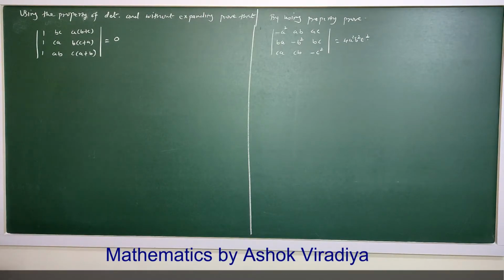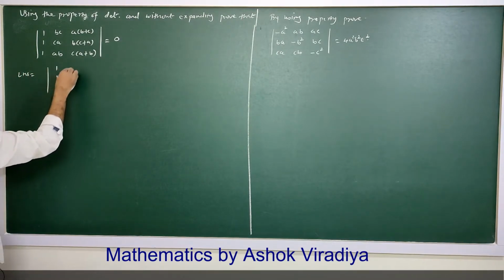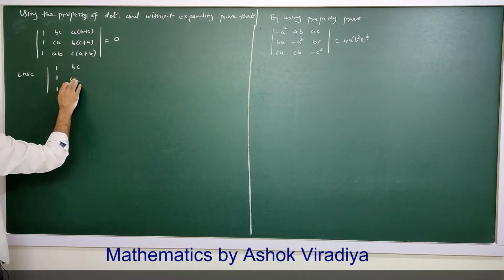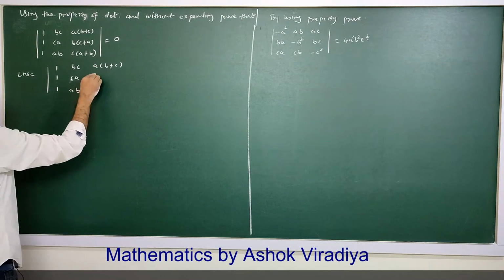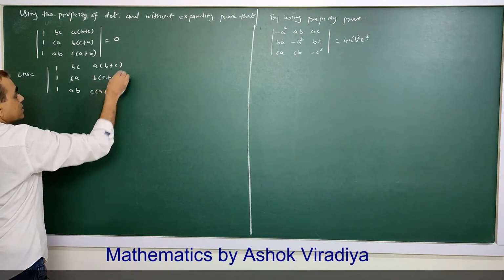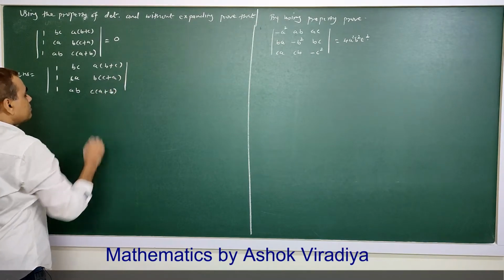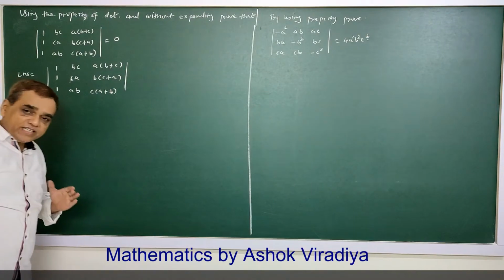Using property of determinant and without expanding, prove that this is equal to 0. See again, the left hand side is 1, 1, 1, BC, CA, AB, A into B plus C, B into C plus A, C into A plus B. Here we want to show it is equal to 0.